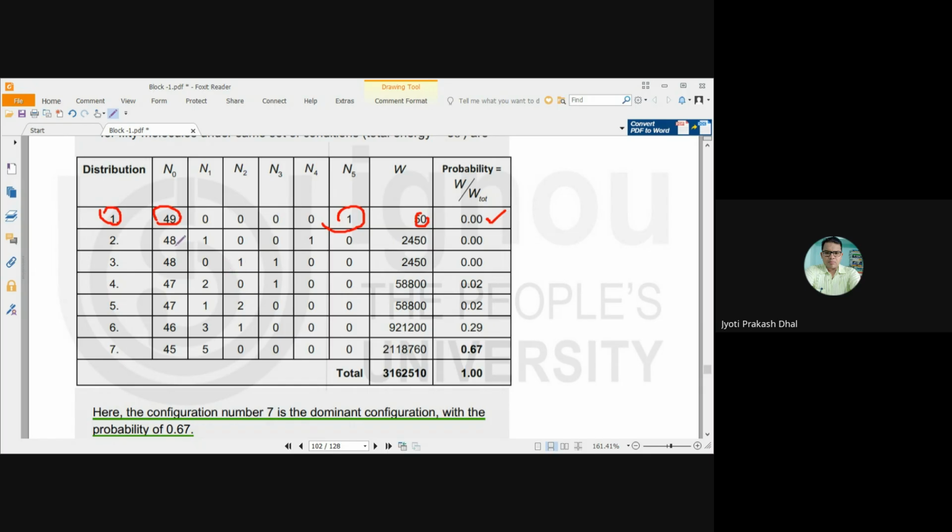In the second case, 48 molecules in the 0 energy level, 1 molecule in the epsilon energy level, 1 molecule in the 4 epsilon energy level. So the total energy will become 5 epsilon. And here W equals 2450. Here the probability is also 0.